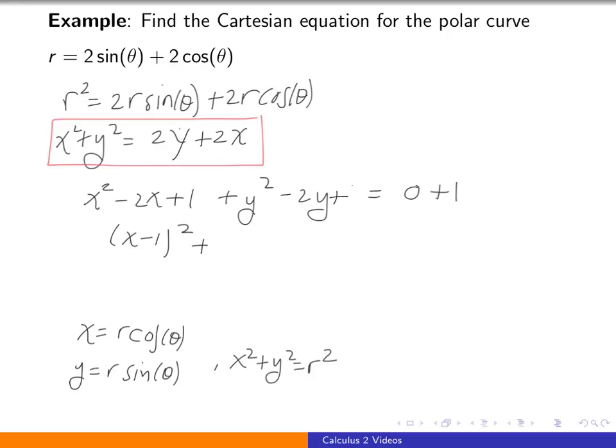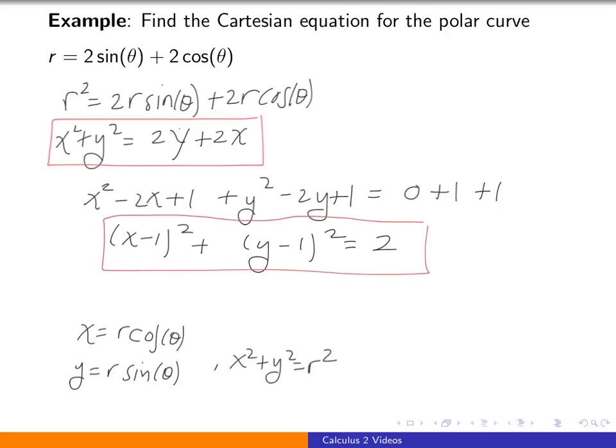So if we add a plus 1 on the left, we need a plus 1 on the right. And then the y component would be y minus 1 quantity squared equals 2. This gives us a nicer equation, at least in terms of visualizing the curve. It will be a circle of radius square root 2, centered at the point (1, 1).